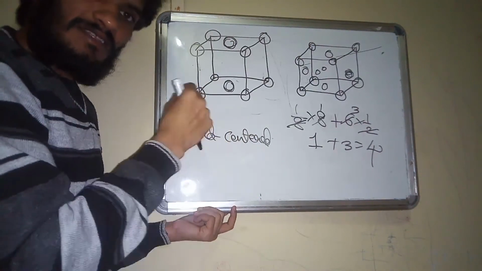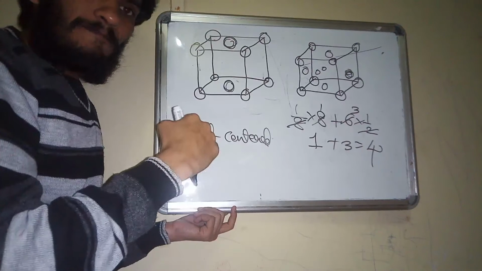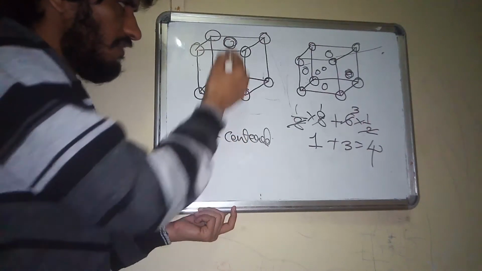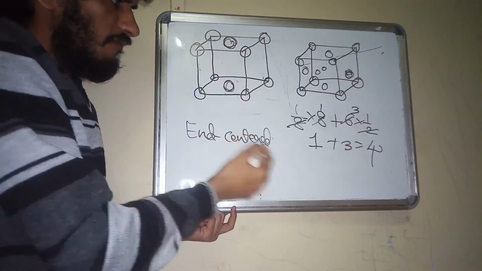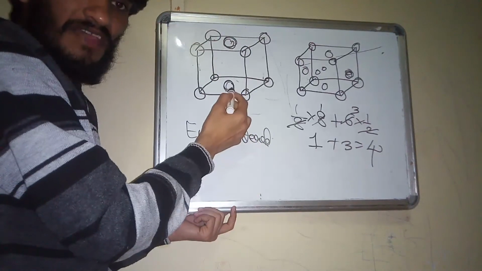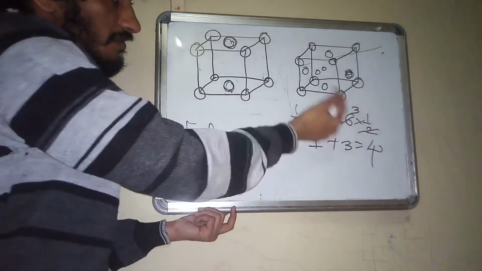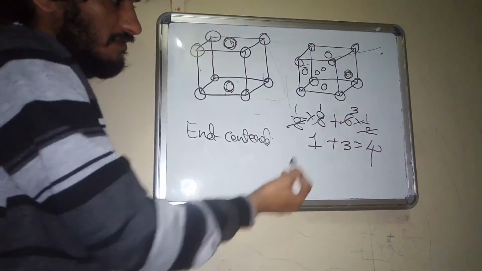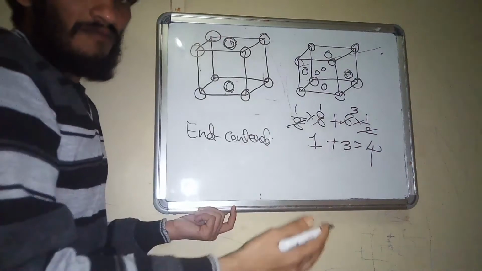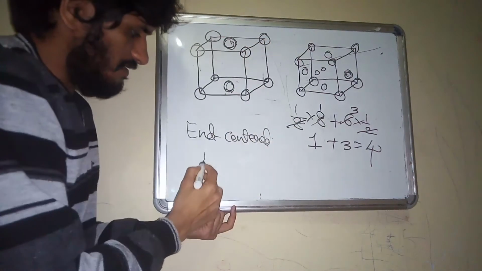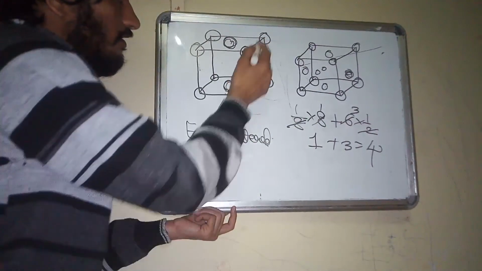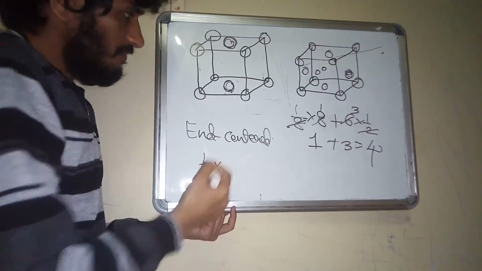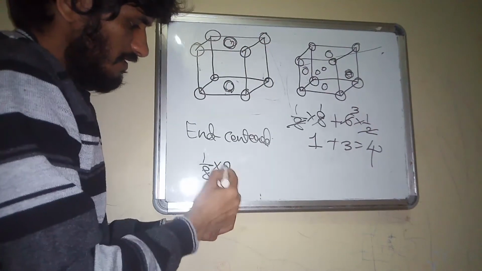In 8 corners 8 atoms are present, and on two opposite sides 2 atoms are present, on 2 faces. What is the contribution of each face lattice point? Half. If it is a corner, 1 by 8. How many corner atoms are there? 8. Each contribution is 1 by 8.